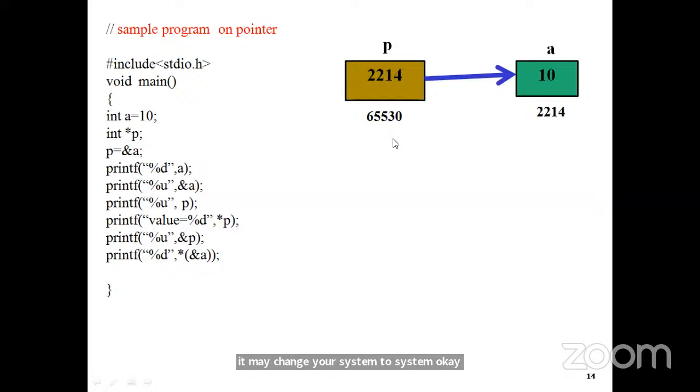So this is the pointer concept. This is how it works with the pointer. I'm repeating again. Printf percentile D, A will print the value 10, and address of A is 2214.